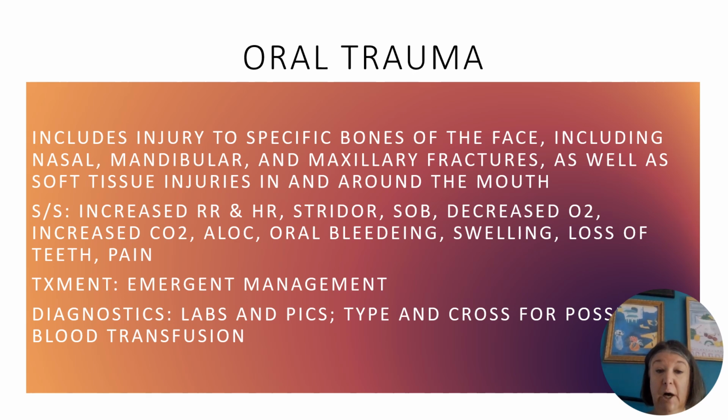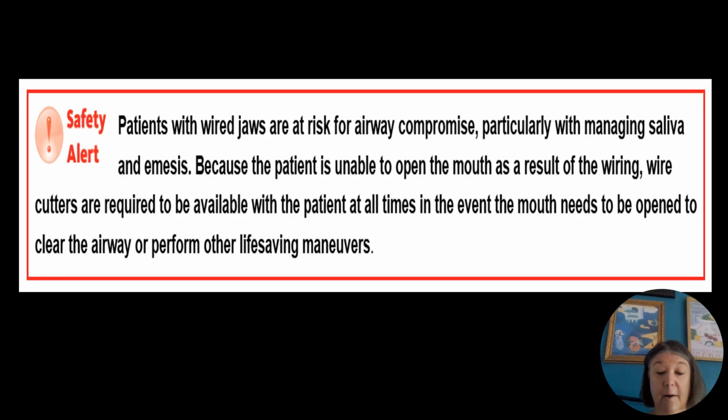So that's possible with this. Diagnostics, obviously we're going to be looking at blood. They're going to do x-rays. They may do a facial CT or MRI depending upon what they want to see. And then we're going to do an ABG because is our person oxygenating adequately? What's going on with them?